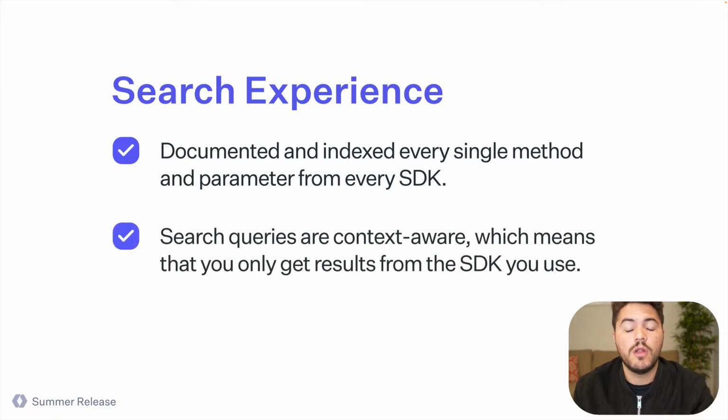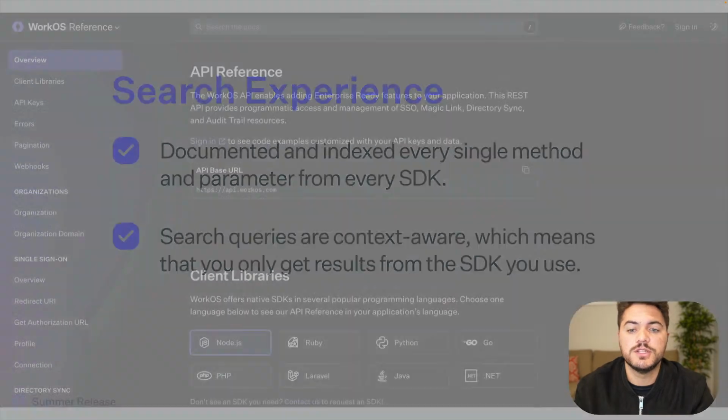So now all of this is available, and we also make sure that the search you're doing is based on the context that you're looking for. So if you are a Node.js user or a Java user or PHP, Python, Ruby, it doesn't really matter. We're going to scope based on that particular language.